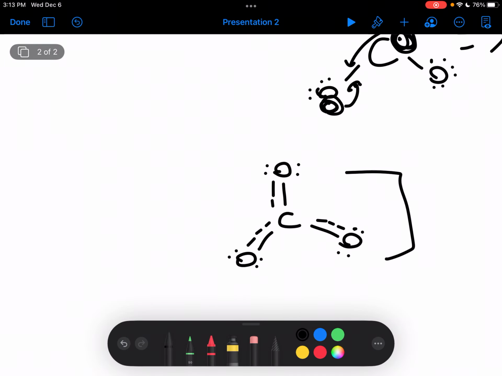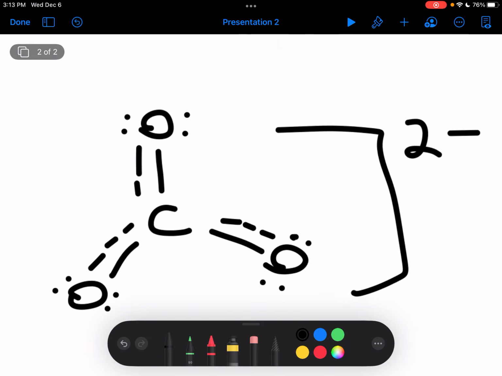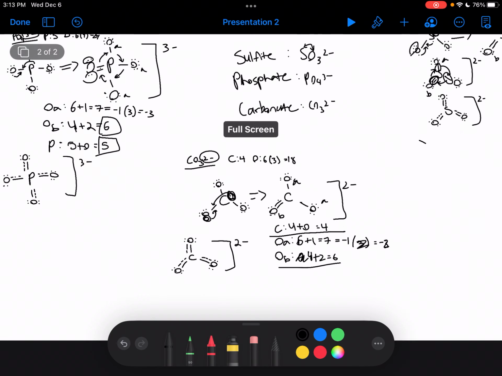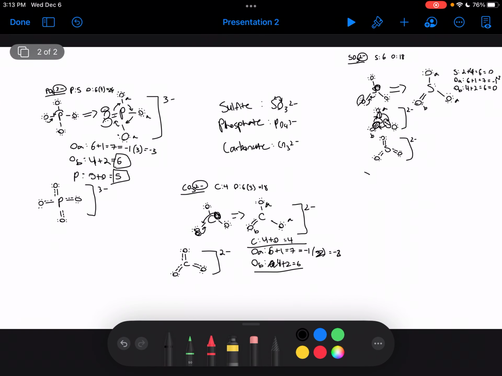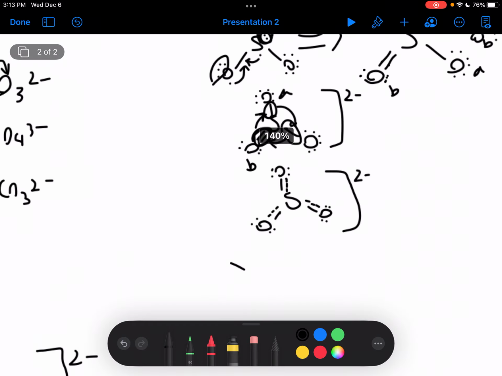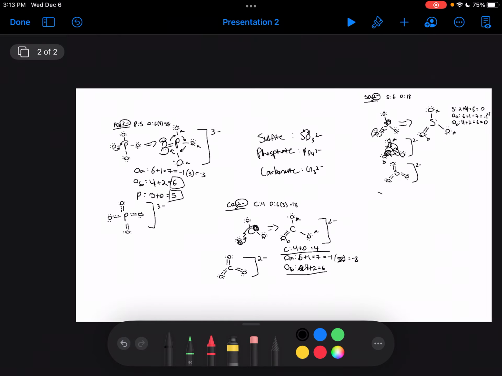And then we add the bracket for the 2 minus. And that is our resonance structure. And that's going to conclude the video for today on polyatomic ions and Lewis structures.